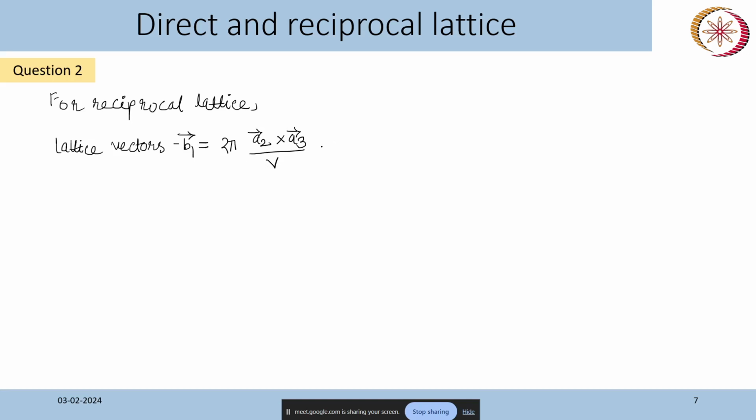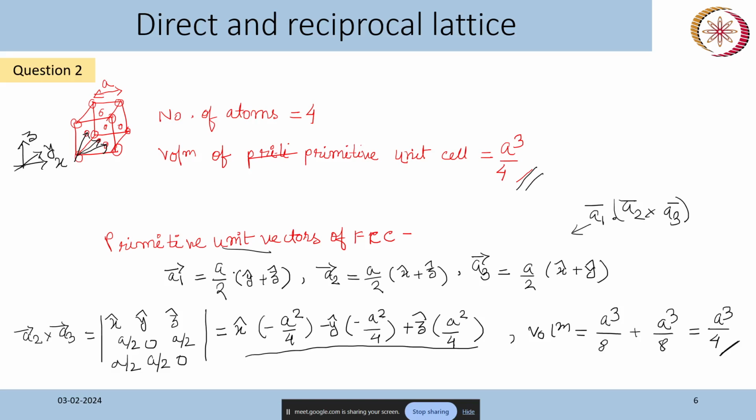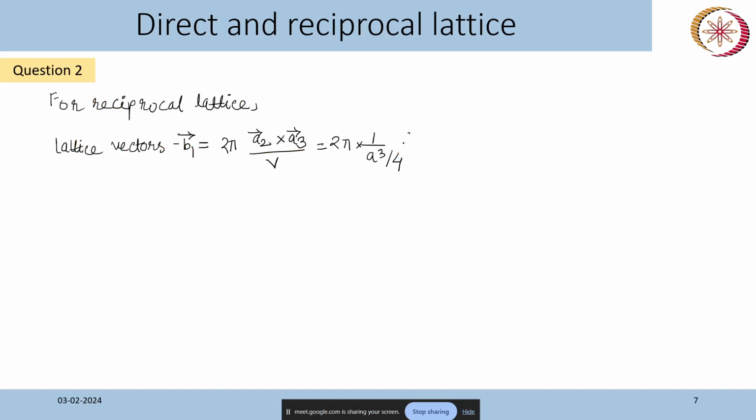Okay, so it is 2 pi. Volume of the direct lattice, the primitive, will be a cube by 4. And a2 cross a3 I have already calculated last time, right? This is a square by 2, x cap minus, I guess.